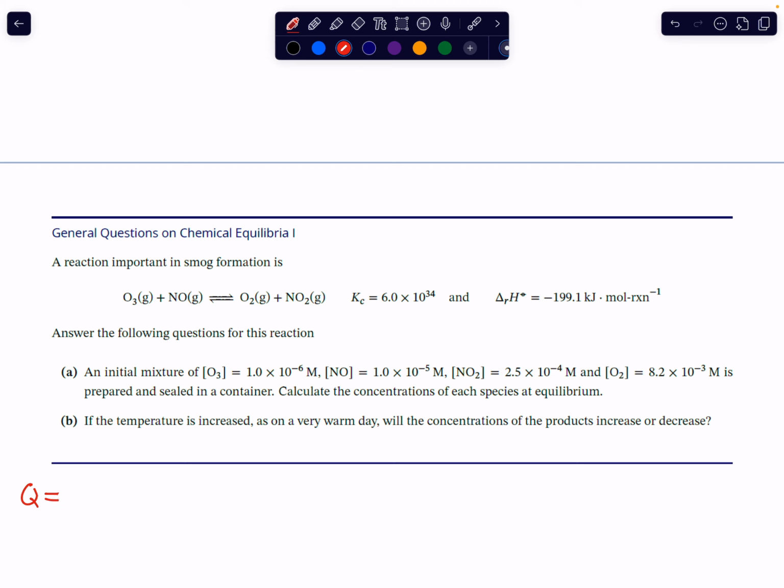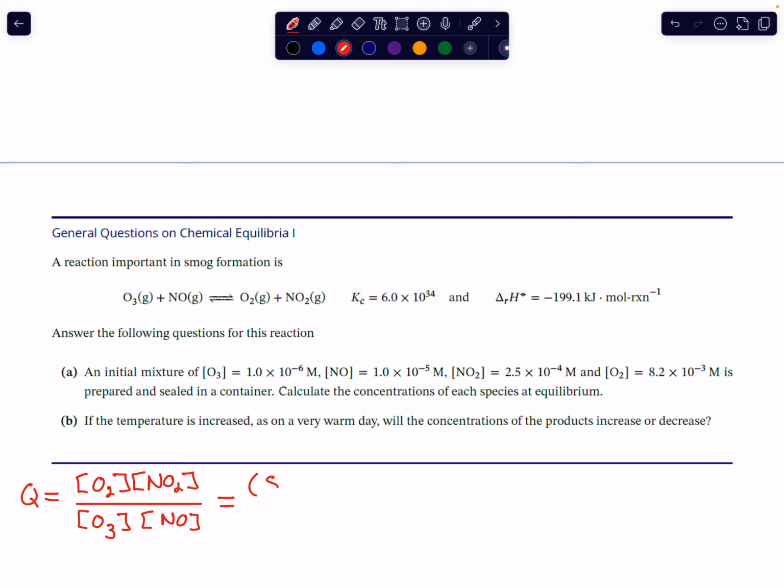So Q is of course O2, a product, multiplied by NO2, which is also a product, divided by the reactant concentrations, ozone and nitrous oxide. And then these are the concentrations that we are given.